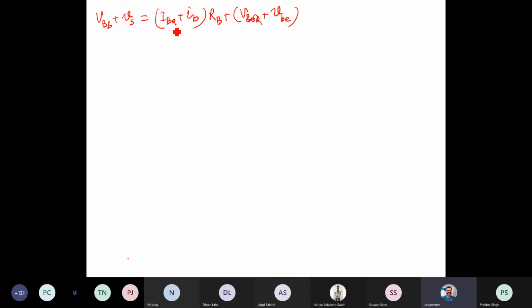Let's take the DC terms all together. So that's VBB minus IBQ RB minus VBEQ is equal to, now what we have left, small ib RB plus small vbe minus VS.